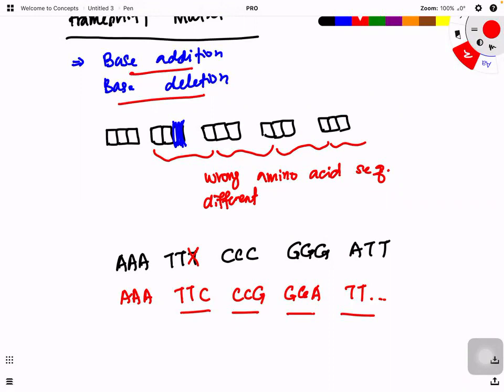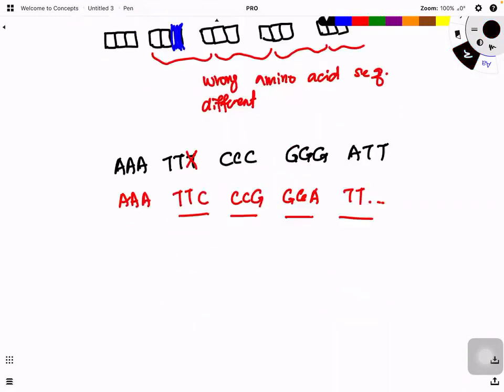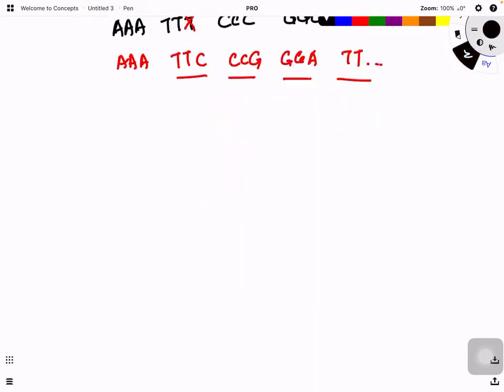But something special here. Sometimes we don't add or delete 1, we add maybe 3. So we call it trinucleotide deletions or additions.